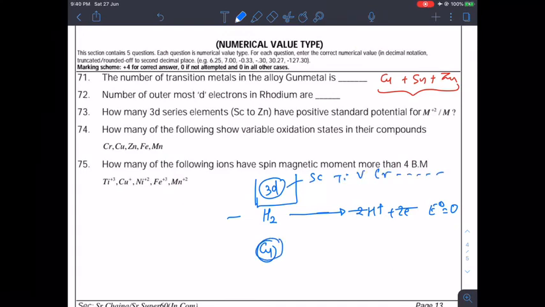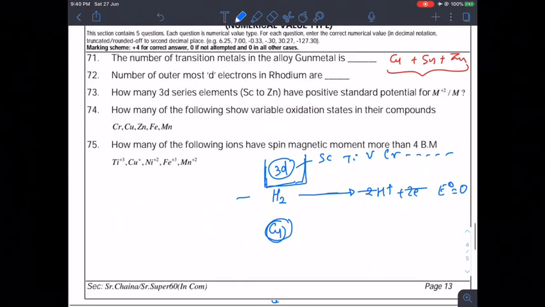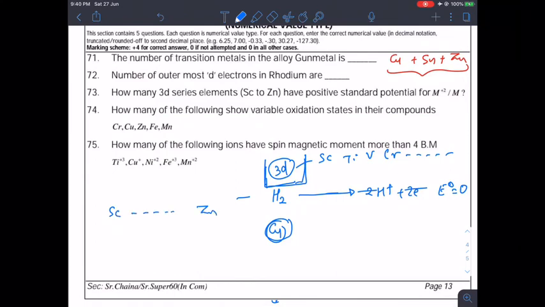So essentially what does it mean? That from scandium to zinc, there is a higher tendency to go into the plus state and release electrons. That means oxidation tendency is dominating.